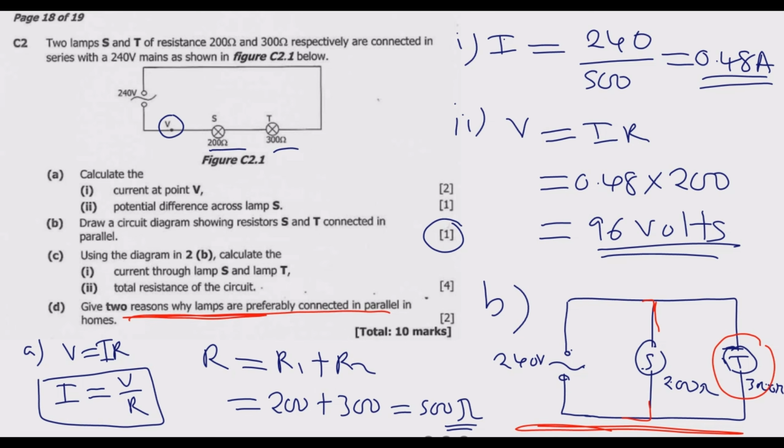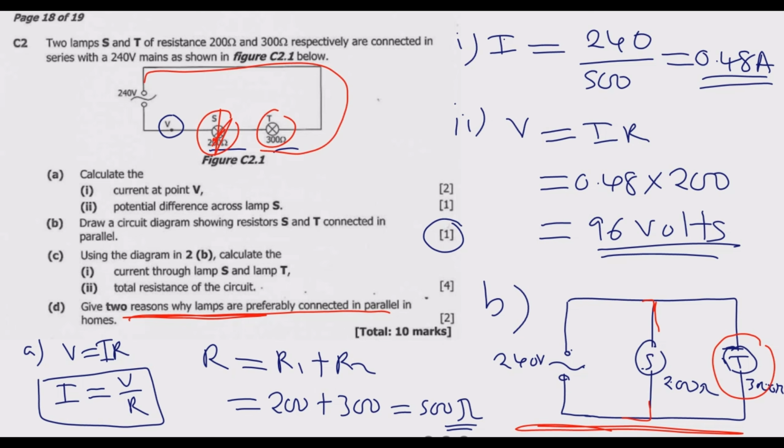Then number 2, each component receives voltage supply. So regardless, each component will receive the same potential difference supplied to the circuit as long as they are in parallel. If they are in series, the potential difference will be different, and if one of these is bent, then the entire circuit will be off.